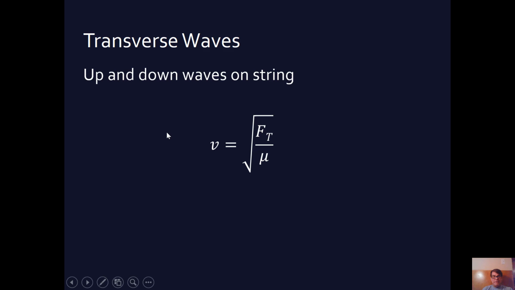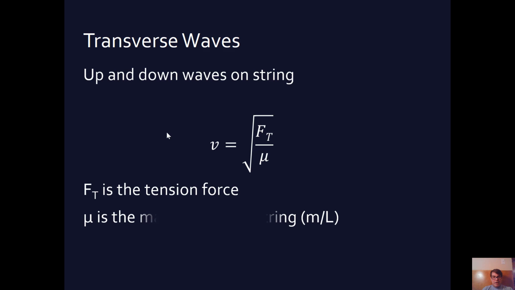That's the formula for the velocity of a transverse wave. Mu is a Greek m, the mass density, mass per length, m over L.